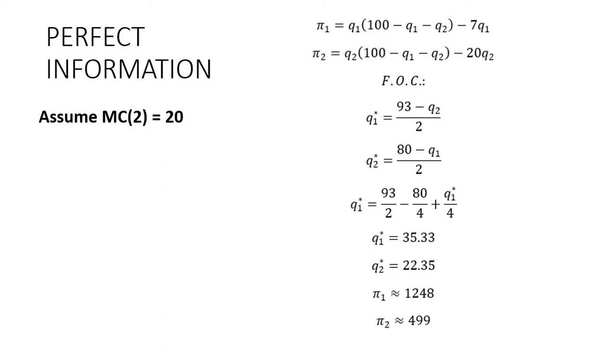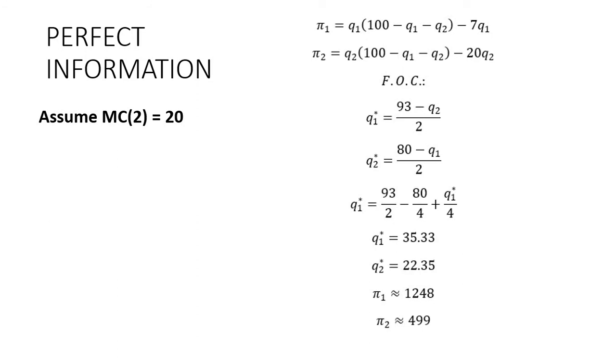Correspondingly, profit of the first firm will be approximately equal to 1248, and for the second firm, the approximate value of profit will be 499. Okay, so basically here we just solve two separate games under perfect information, which means the lack of external uncertainty, assuming different possible values of marginal cost.